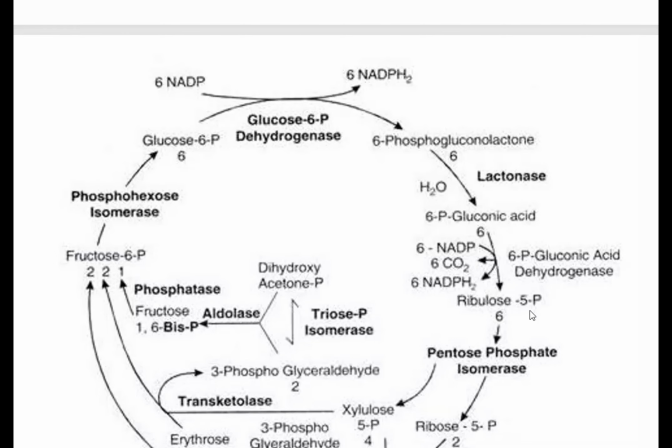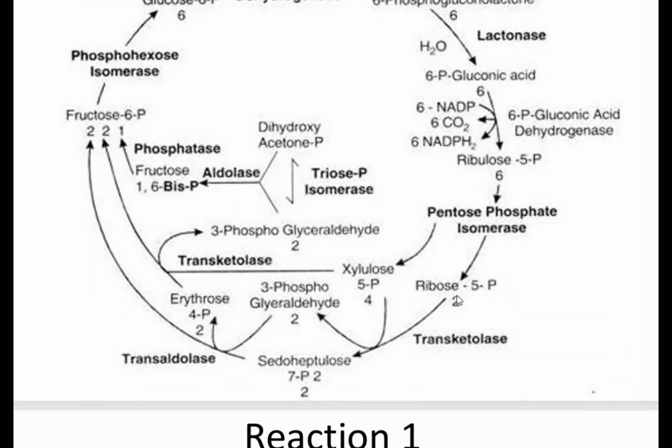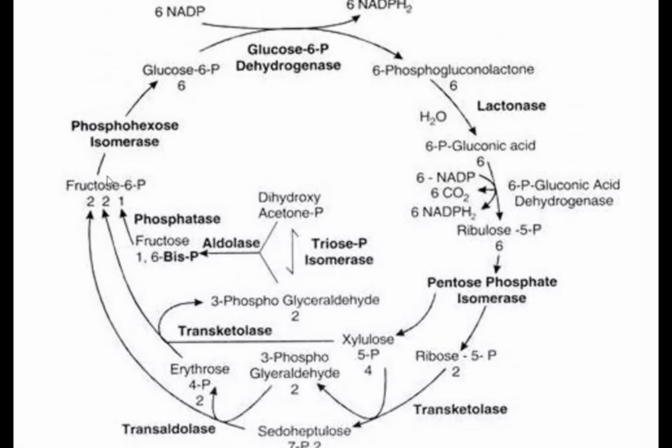Then ribulose 5-phosphate converts to form ribose-5-phosphate and xylulose 5-phosphate, and with the help of the transketolase enzyme it will produce sedoheptulose 7-phosphate and 3-phosphoglyceraldehyde, and again this sedoheptulose 7-phosphate with the help of the transaldolase enzyme will produce fructose 6-phosphate. Then fructose 6-phosphate also comes once again from xylulose 5-phosphate with the transketolase enzyme, and it will isomerize by phosphohexose isomerase to produce glucose 6-phosphate.